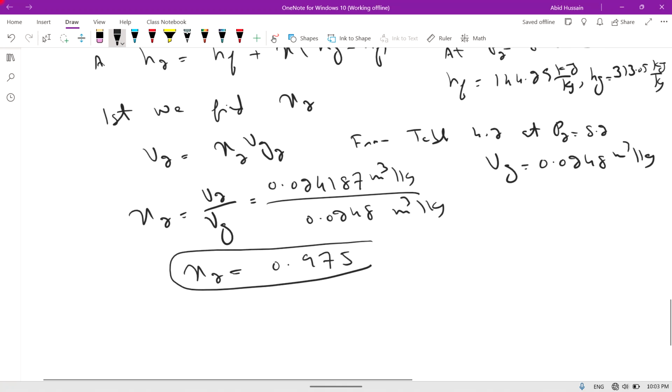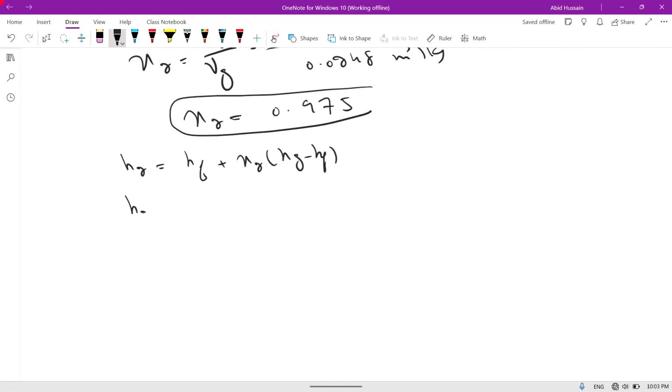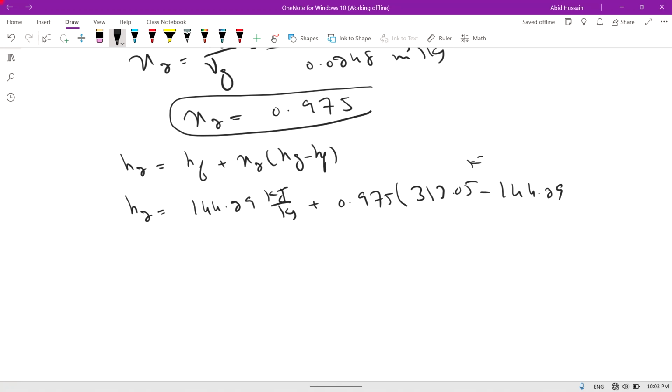Now h2 is equal to hf plus x2 times hg minus hf. So h2 is equal to 144.29 kilojoule per kg plus x2, which is 0.975, times hg, 313.05, minus 144.29, the unit being kilojoule per kg.